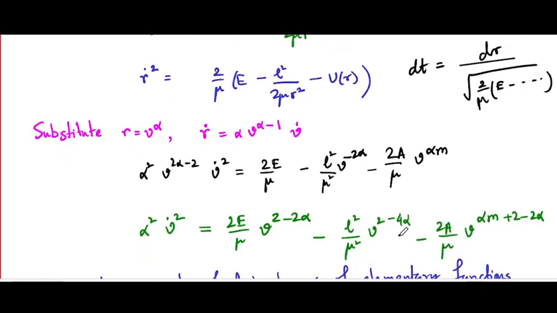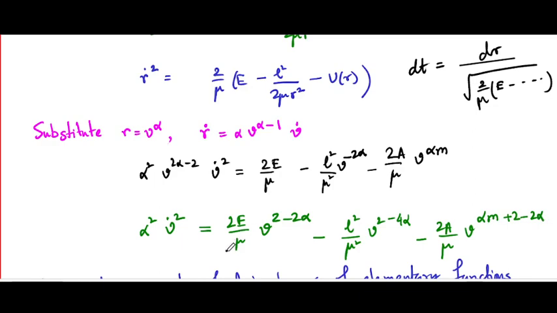Or after I divide through by this power on both sides, we get alpha square v dot square equals twice E by mu v to the power 2 minus 2 alpha. That's simply this power brought to the other side, minus L square by mu square v to the power 2 minus 4 alpha, minus 2A by mu v to the power alpha m plus 2 minus 2 alpha.